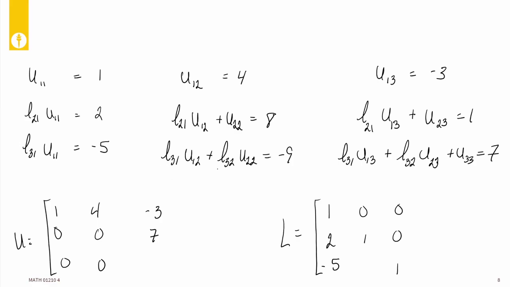I still don't have L32, but I do have U22 now. All right. So that's what, -5. That's -20. 0. Plus 0. Uh-oh. Yeah, so see, that's not going to work.